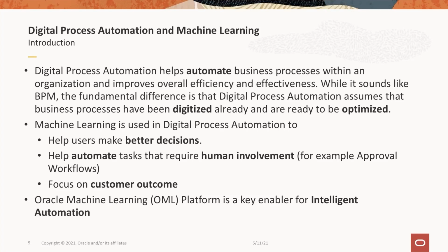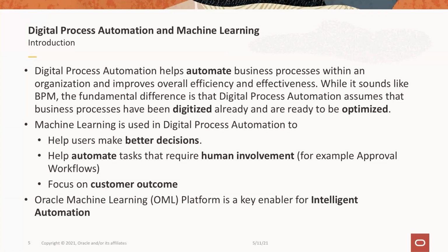And so machine learning fits in here where we want to help users make better decisions through predictions and stuff like that. Certainly, we also want to help automate tasks that today require human involvement. Imagine something like travel approval or purchase approval. So we are looking into using machine learning to automate some of the steps in the process.